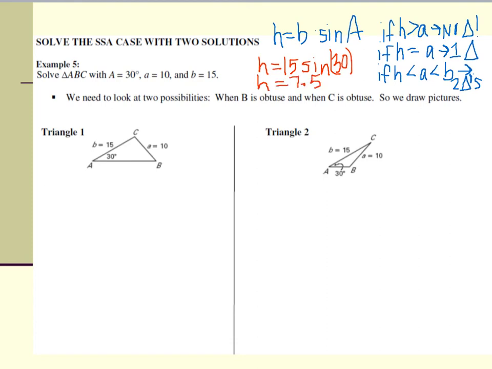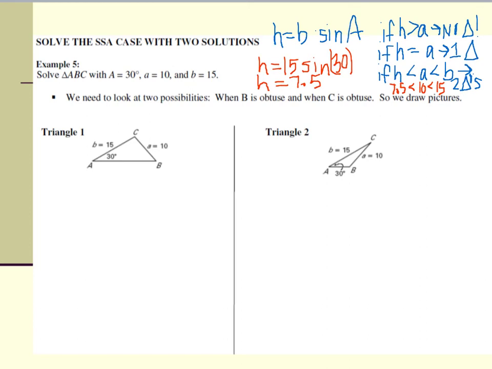So H is 7.5, side A is 10, and B is 15. You can see how A is between 7.5 and 15, so this is a case where we're going to have two triangles. Let's go through and solve this first triangle together.